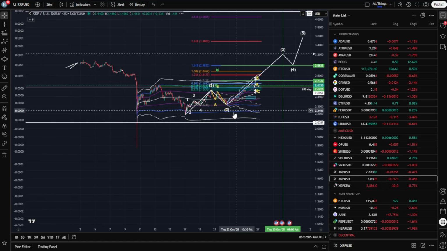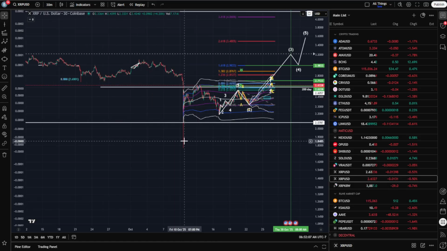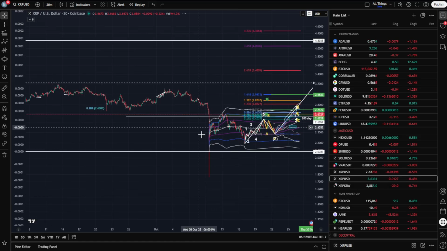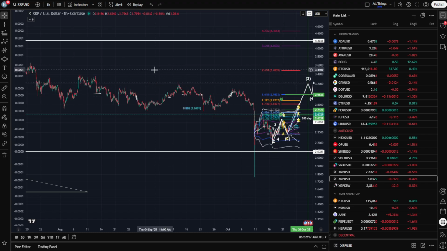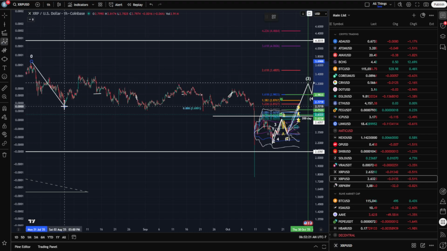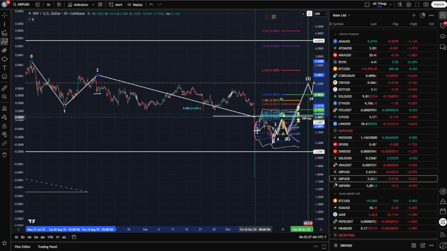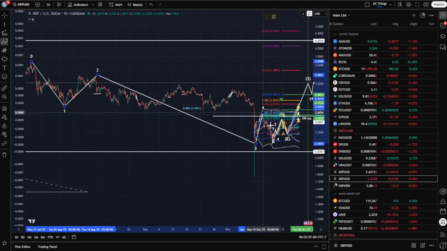So how do you address that wick here that gives you that lower level? Well, this was an inefficiency in the market. So realistically, the way I'm looking at it right now is, because that was simply a liquidity grab, the main takeaway is that from the highs here, we should have a 1, 2, and then a long extended wave, 1, 2, 3, 4, 5, 3 down to here, 4 and 5.